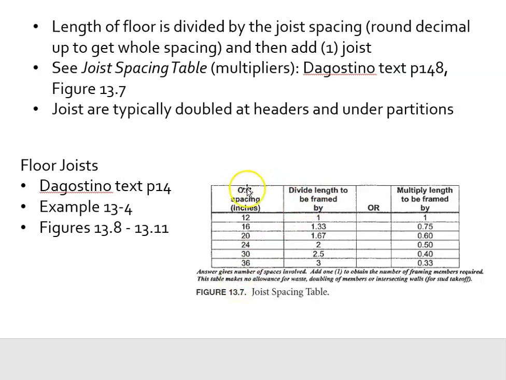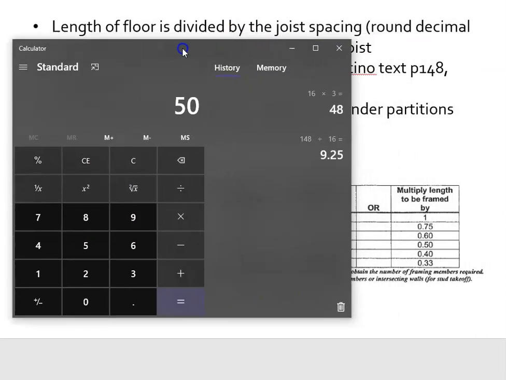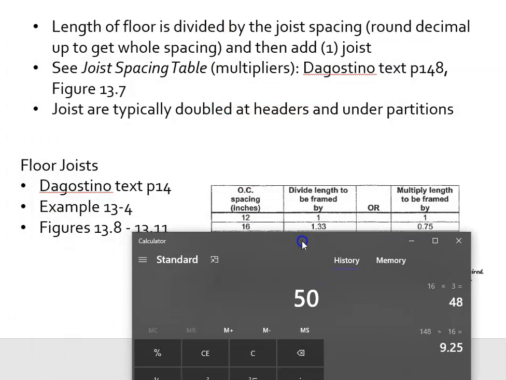If they are 16 inches apart, what's the math on that? Here's the 16-inch spacing. We're either going to divide that length by 1.33 or multiply that length by 0.75. Let's bring up that calculator. We have 50 feet and they are 16 inches on center, so let's multiply by 0.75.